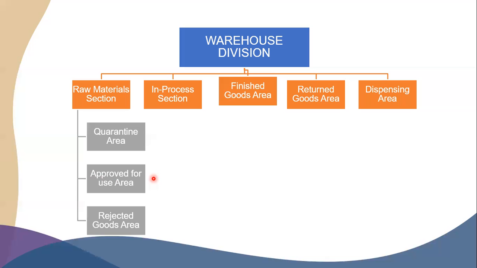So you cannot accept that kasi you have to abide with the purchasing department. Dapat yung kinukuha nyo lang ng mga raw materials is from yung supplier na pinag-agrihan nyo na kunin nyo ng raw materials. So you have to adhere to the process and the protocol in your raw material section.